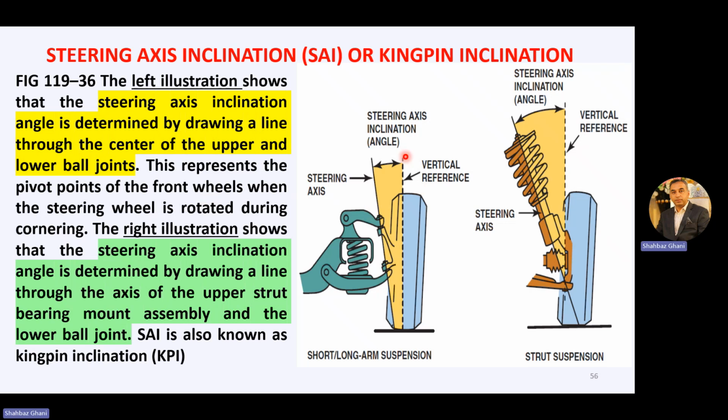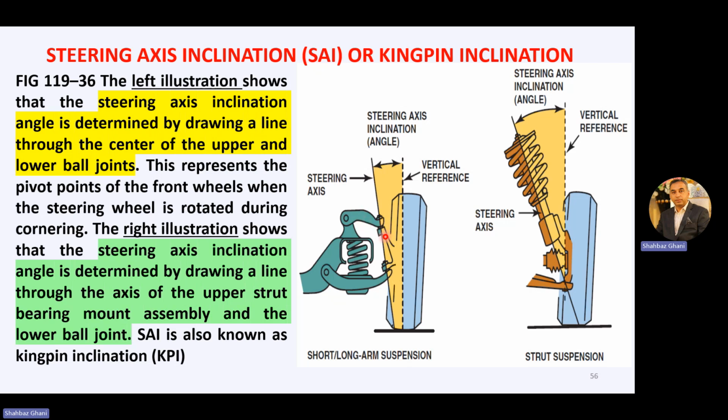Then there are a few other angles which we have to cater for while doing the steering system analysis or steering system alignments. The steering axis inclination is the angle between the steering axis and the vertical reference line.